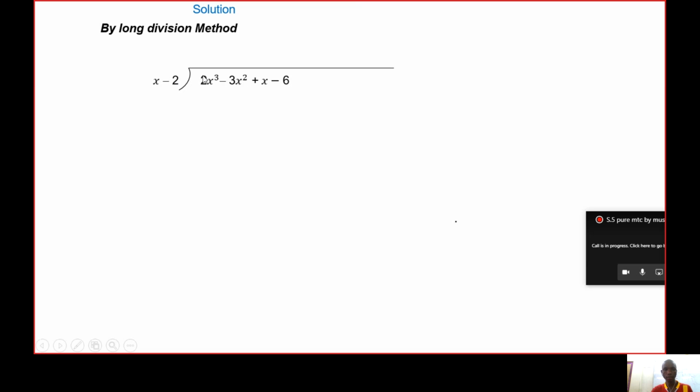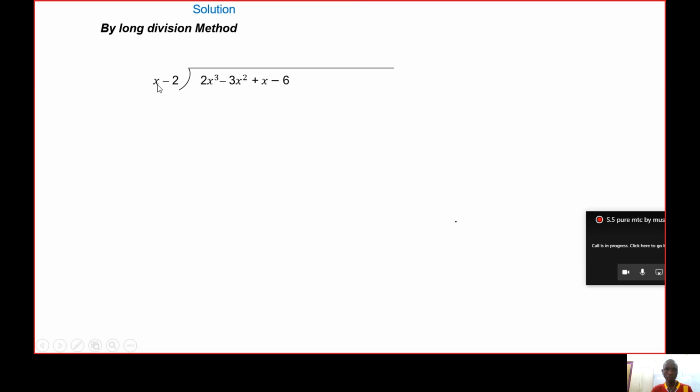Now, the first thing is, look at the first term. The first term here inside is 2x cubed, and here it is x. Now you ask yourself, what should I multiply this x by to get 2x cubed?